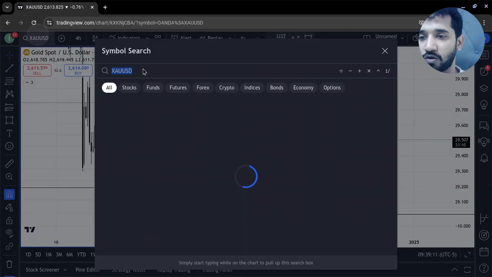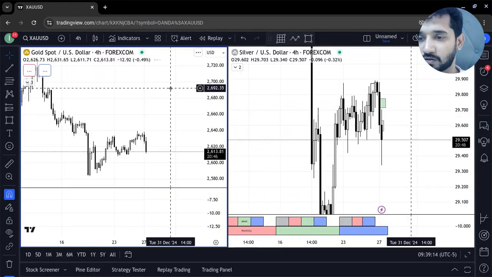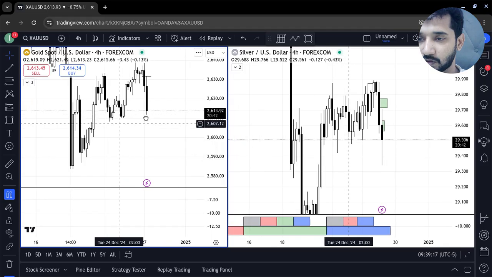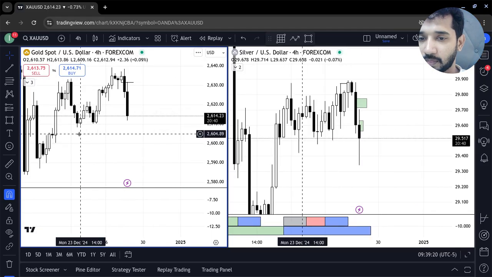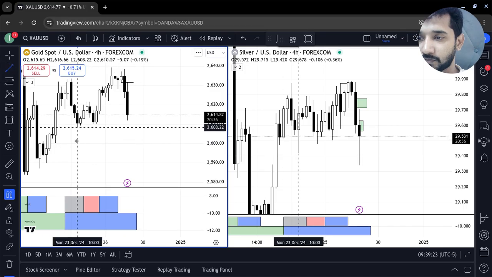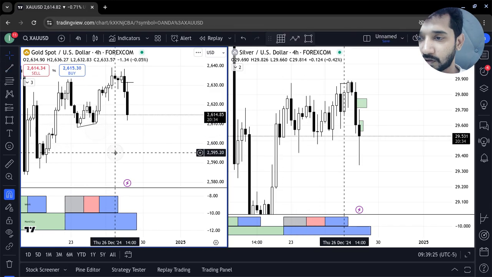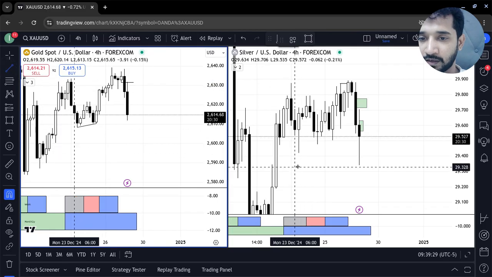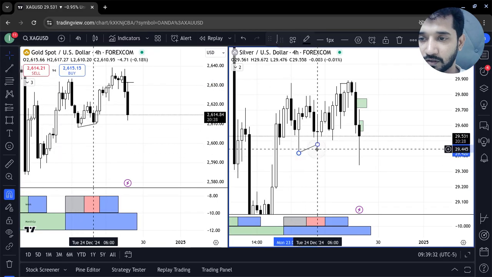Wait, I'm using the Oanda chart, so I want to use forex.com. See these two right here? These two and these two right here.